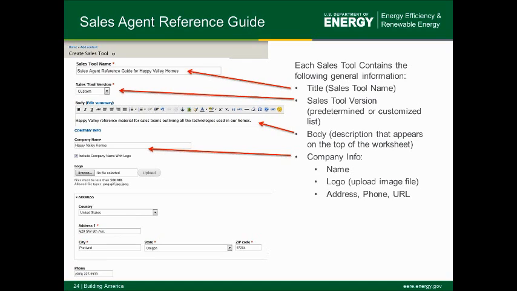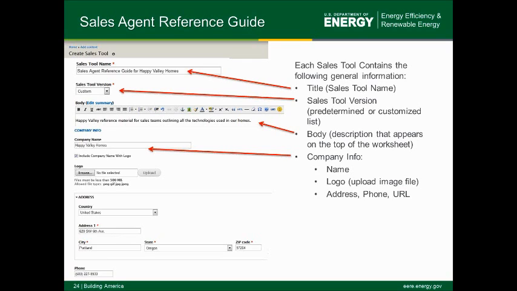Or you can pull a predetermined list based on one of the 6 value propositions associated with DOE's Zero Energy Ready Home program. We'll go through both. In this instance, I want to create a custom list because this is very specific to my building project. So I choose the custom option.